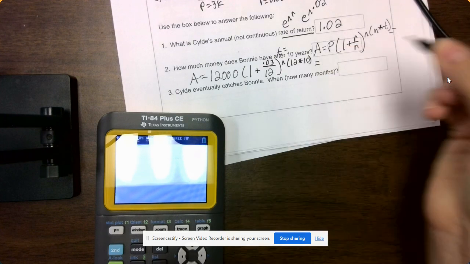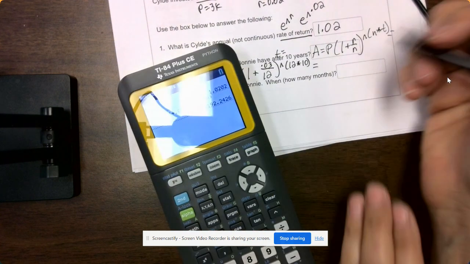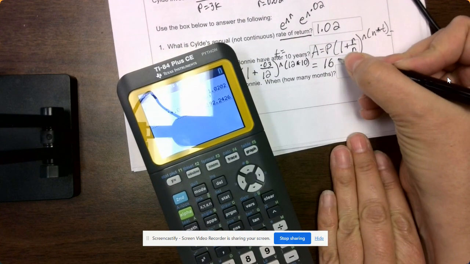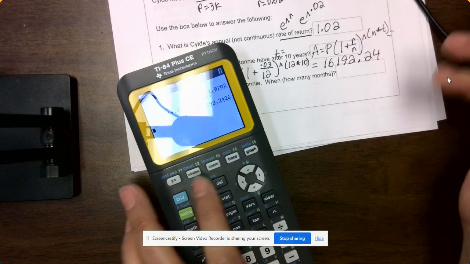We're going to round to the cents place, so I put in 12,000, parentheses, 1 plus 0.03 divided by 12, raised to the 12 times 10. Okay, so we get 16,192 and 24 cents.